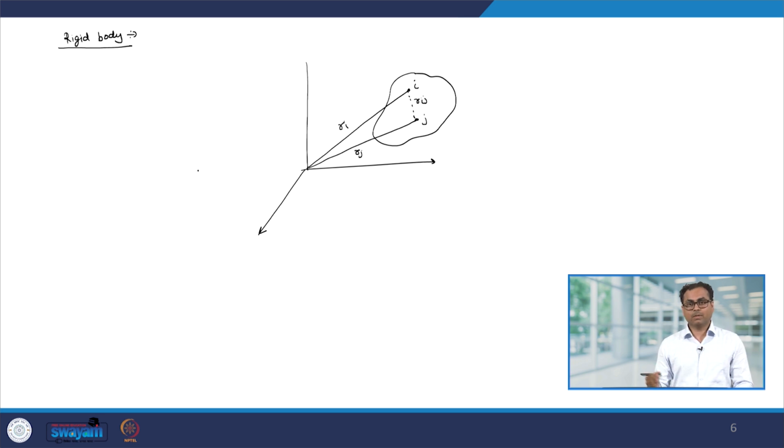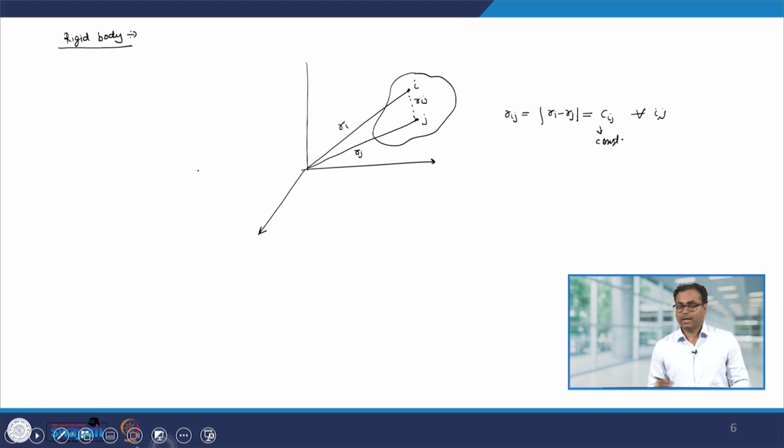That means the body should not deform. Note that Ri can change, Rj can change, Ri minus Rj can also change because that is a vector, but the modulus of Ri minus Rj, which is the spacing between them, should not change. So, Rij, which is the modulus of Ri minus Rj, has to be constant for all i and j. This is the definition.